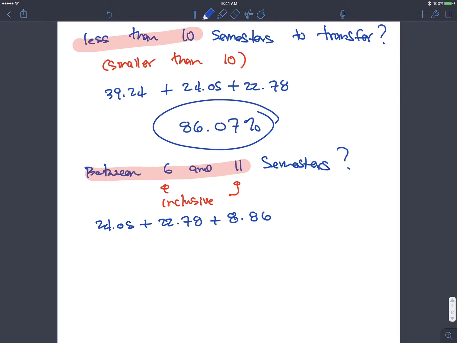And we end up with 55.69. 55.69%. 55.69% of the sample took between 6 and 11 semesters to transfer.